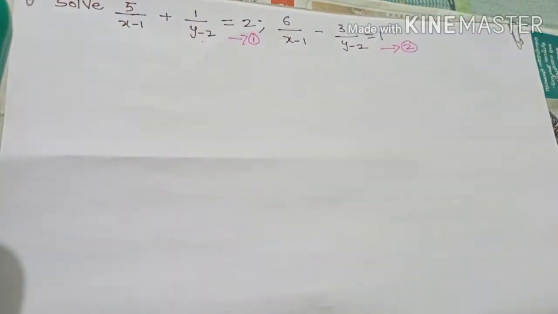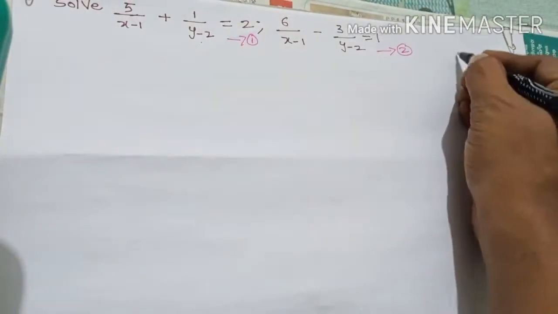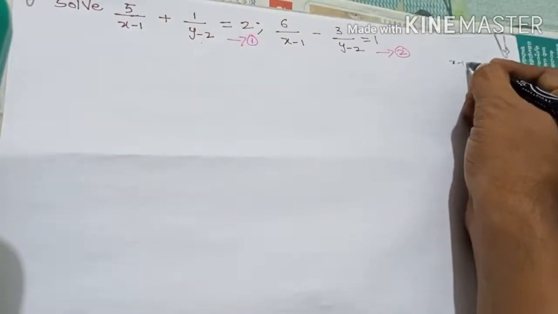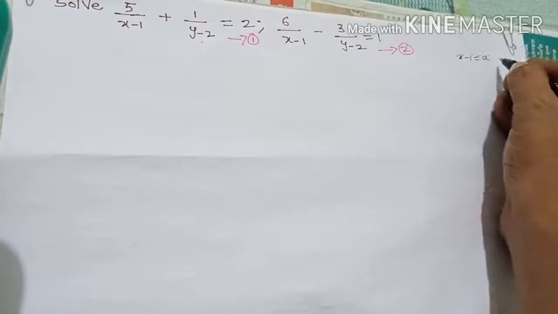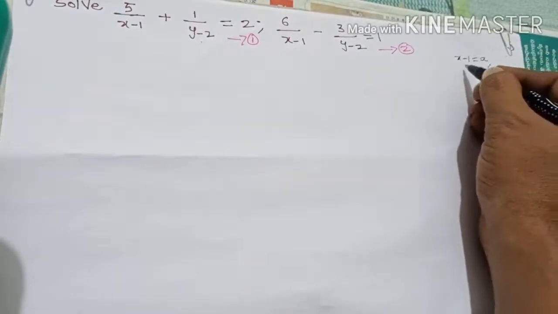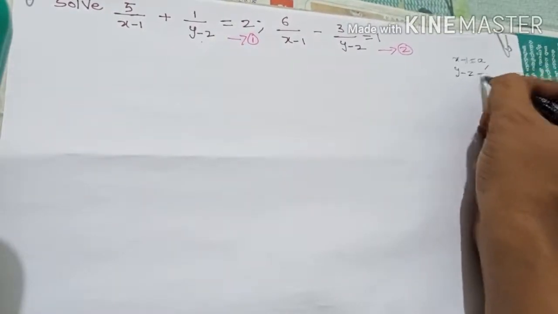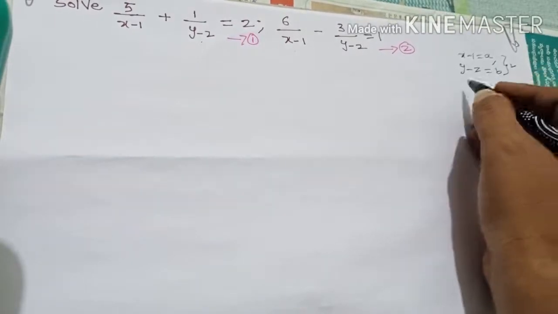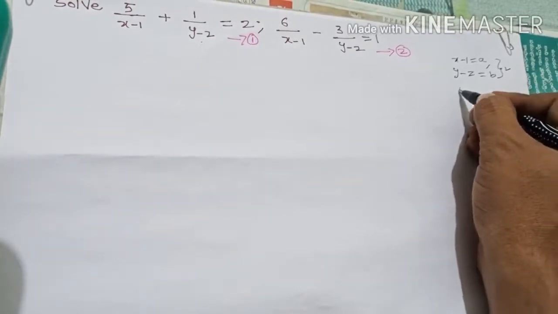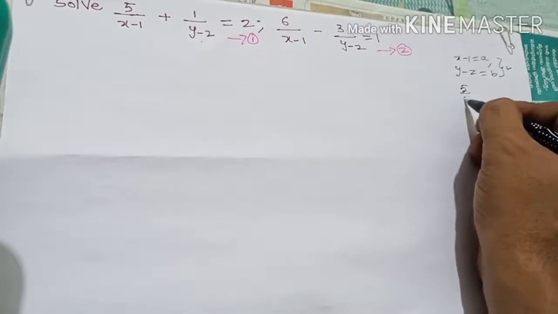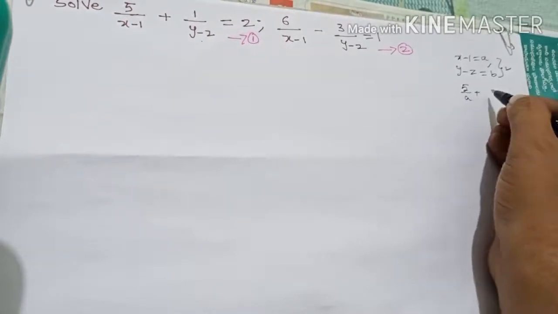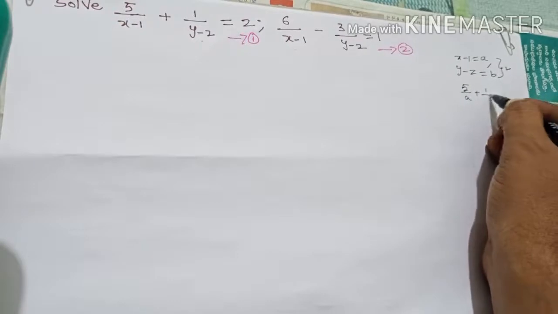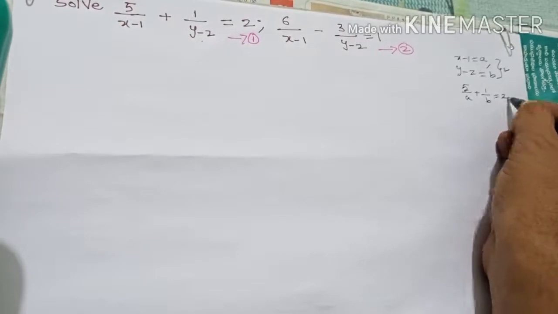Suppose some students feel, sir, if you take x minus 1 is equal to a and y minus 2 is equal to b, then equation 1 becomes 5 by a plus 1 by b is equal to 2.